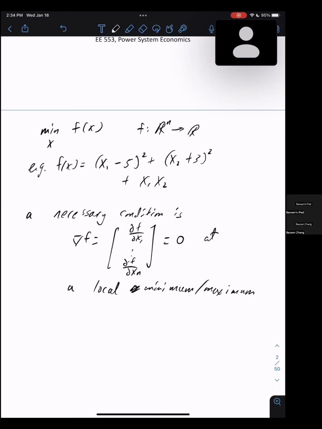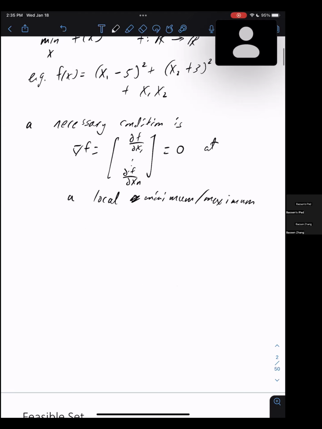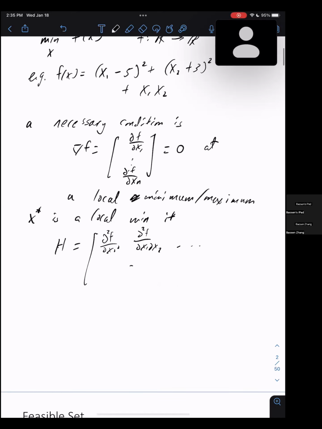You train until the gradient is 0, but you actually don't know which one you are at. So what is a condition for you to actually be at a minimum? x star is a local min if the Hessian, which is the matrix of second derivatives, is positive definite. This means that the eigenvalues of H are all greater than 0. So this is a local min.